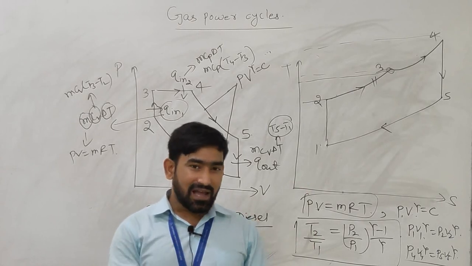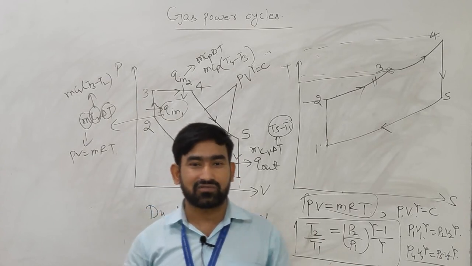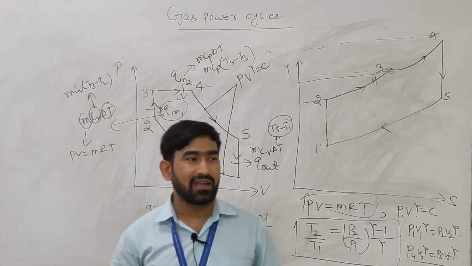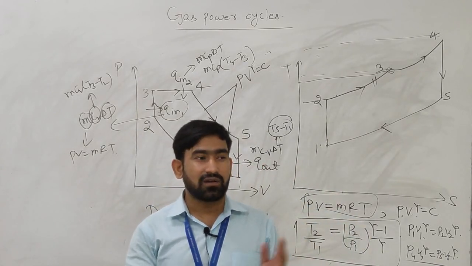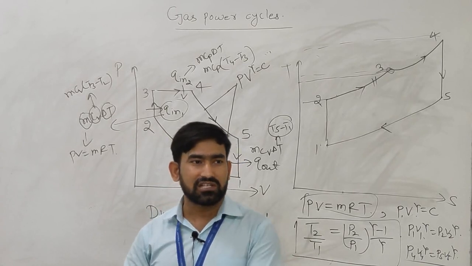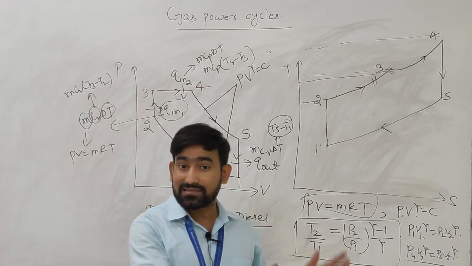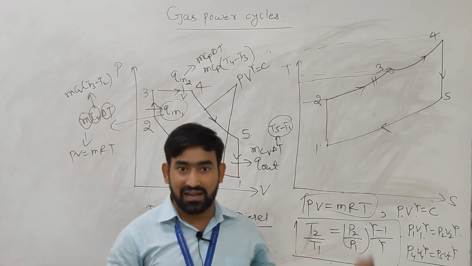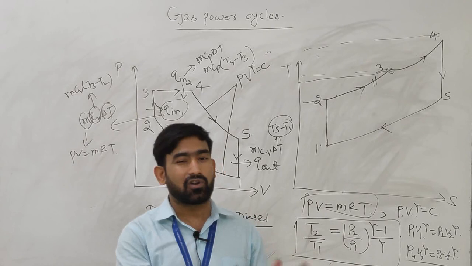I hope I have drawn your attention to one of the most critical concepts in mechanical engineering, where thermal engineering students really face a lot of problems in drawing these PV and TS diagrams for various cycles, and I analyzed all these cycles with the help of polytropic PV and TS.